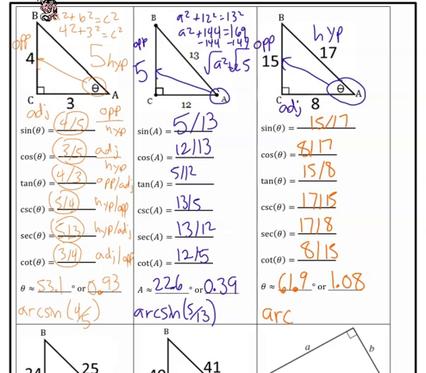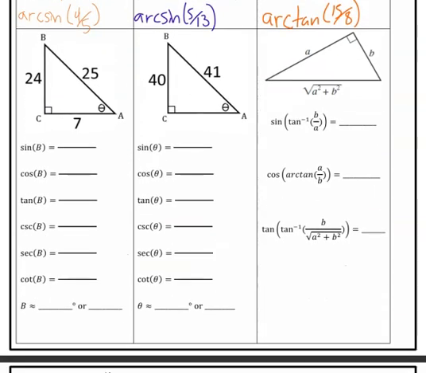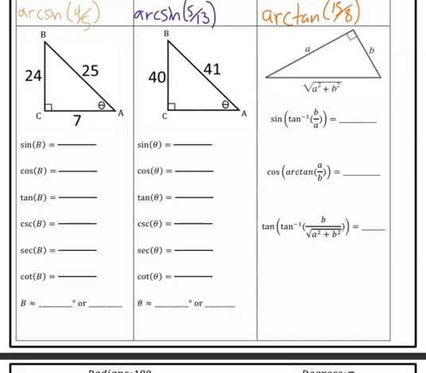Remember, you can use arc sine, cosine, tangent, etc. All right, same thing for these next two. Go ahead, pause the video, label your opposite, hypotenuse, and adjacent sides, and evaluate each expression.